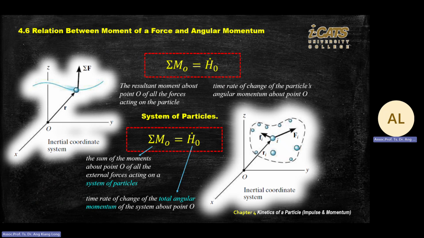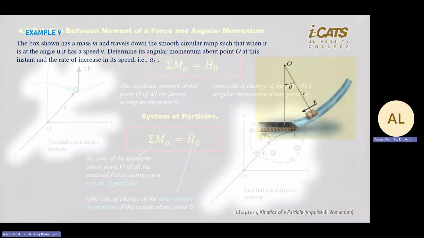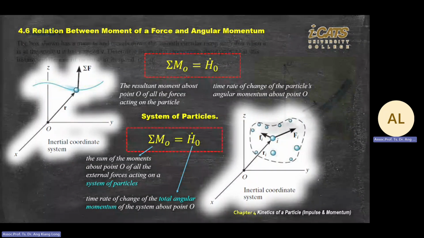Because for moment, as I drew here, you need the force multiplied by the distance, F cross d, and you get moment, which is on the left hand side. The right hand side you can find from the angular momentum calculation just now. So let's have a tutorial question on how you apply this formula.